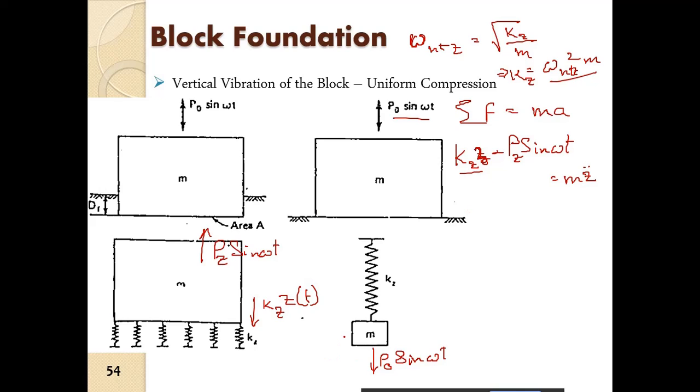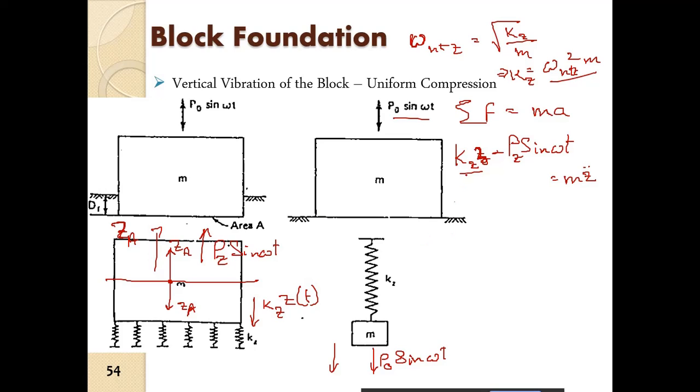So suppose we have the maximum displacement, the maximum amplitude za. If this is the equilibrium position, it will move up to the maximum position za, then come back and go to za. At this position we have pz, the maximum force.